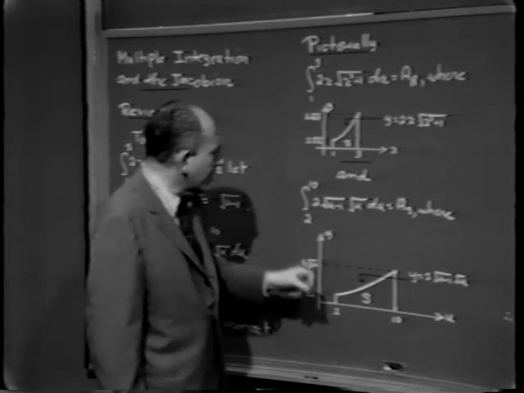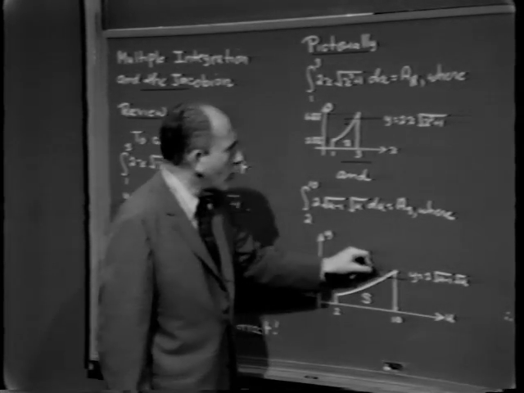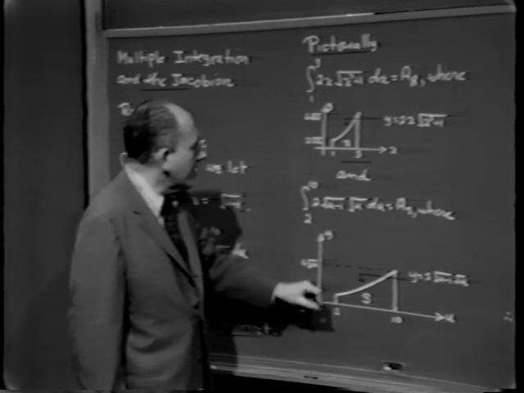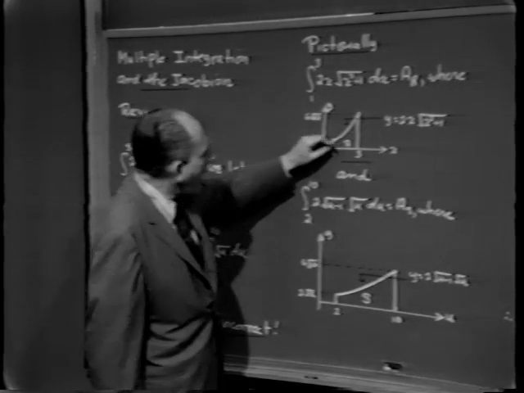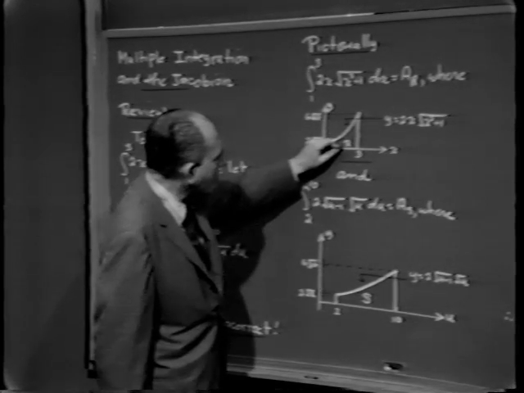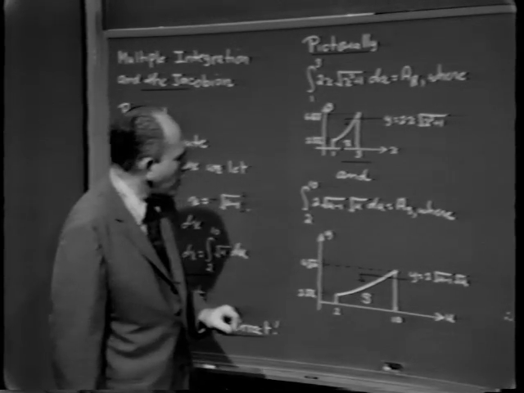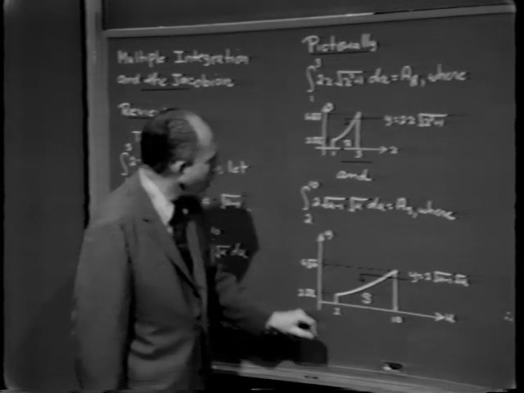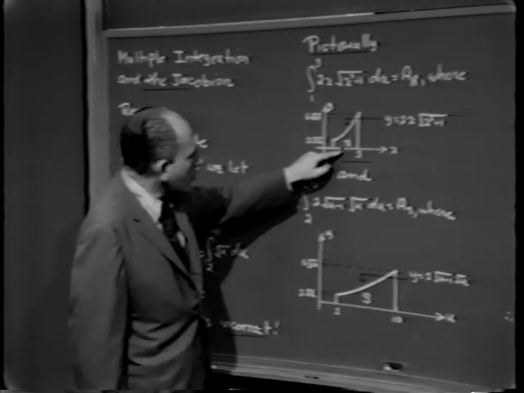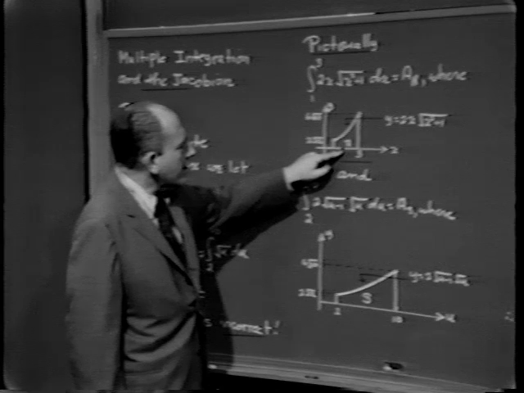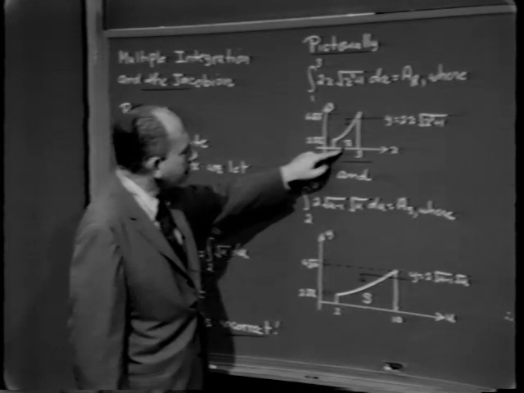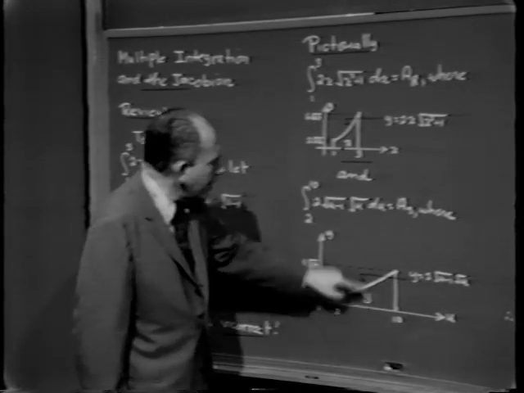For the time being, let me point out that if I want to view this as a mapping, the interesting thing is that any point on the x-axis maps into the corresponding point on the u-axis by the mapping what? u equals x squared plus 1. But it's important to point out that the values of x and u were not independent.